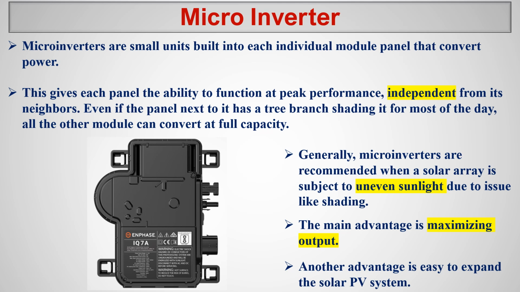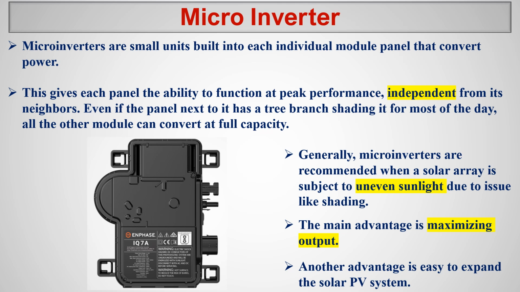Now you may ask how we can select the inverter, whether string inverter or microinverter. One thing is the project size. If it's a large size, you can have a string inverter. The other is the project location.